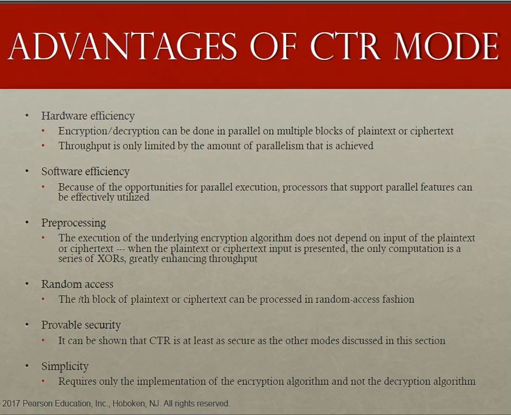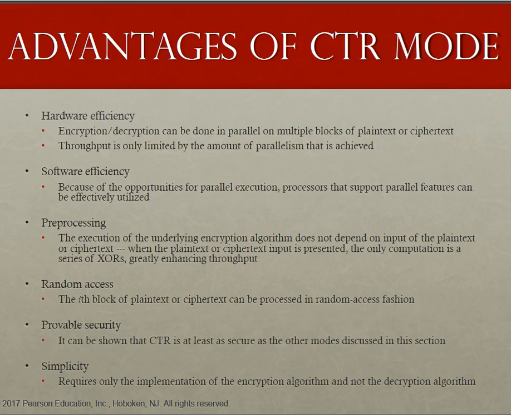And the next one is pre-processing. The execution of the underlying encryption algorithm does not depend on input of the plaintext or ciphertext. Therefore, if sufficient memory is available and security is maintained, pre-processing can be used to prepare the output of the encryption boxes that fit into the exclusive OR functions.